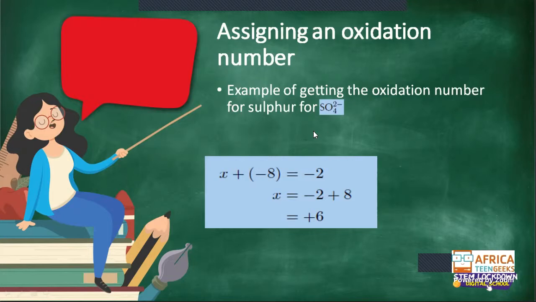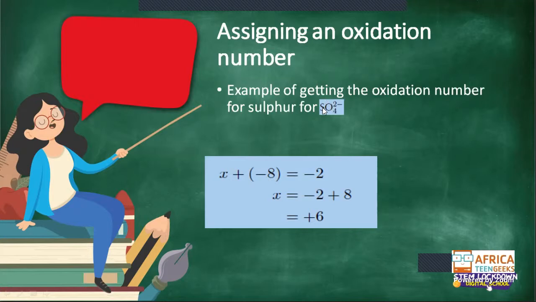So what are we going to say? We know that oxygen is -2. The oxidation number is -2 times 4, because here we've got a 4. This will give us -8. So we're going to say x plus -8 must give us -2, which is the charge that is left there.